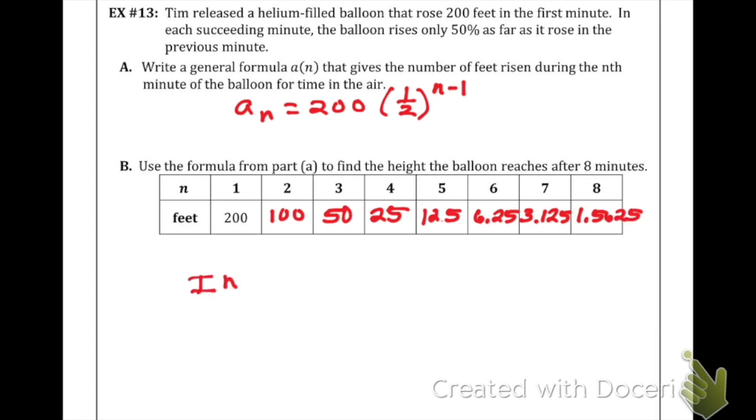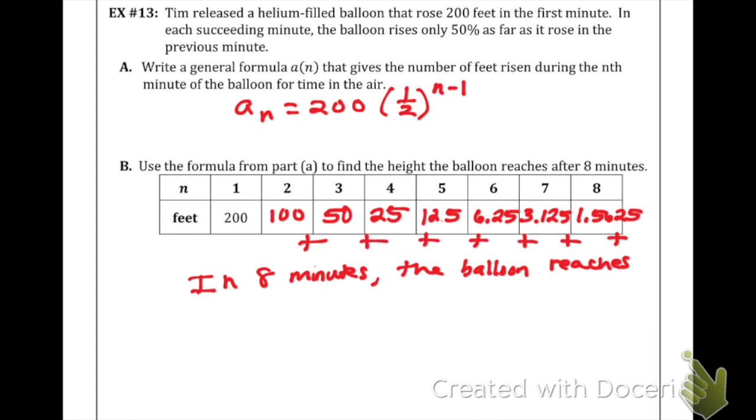So in 8 minutes, the balloon reaches what height? Well, we just need to add all of these together. That would get us a total of 398.4375 feet.